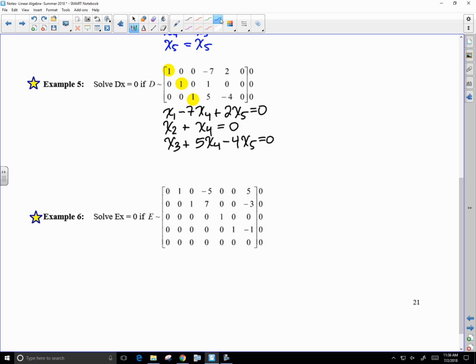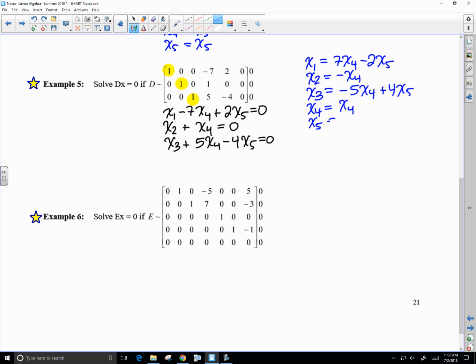All right, so we're looking at x1 equals 7x4 minus 2x5. x2 is equal to negative x4. x3 is equal to negative 5x4 plus 4x5. x4 is a free variable, and so is x5.